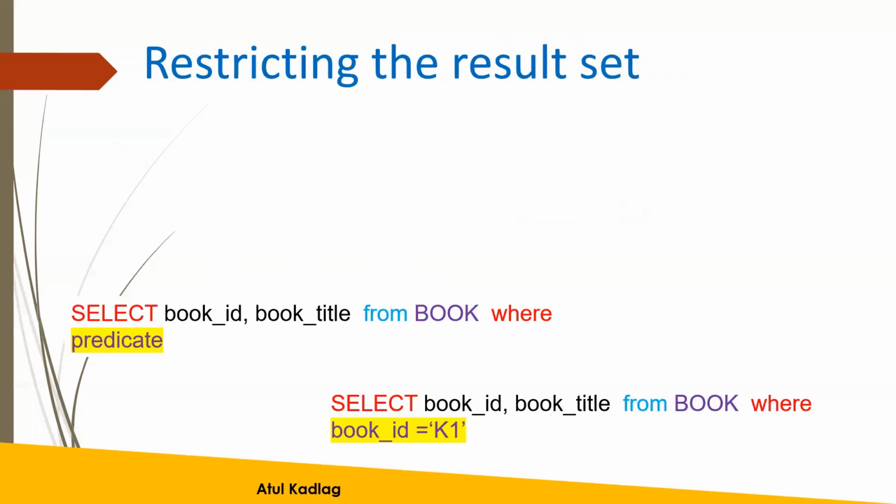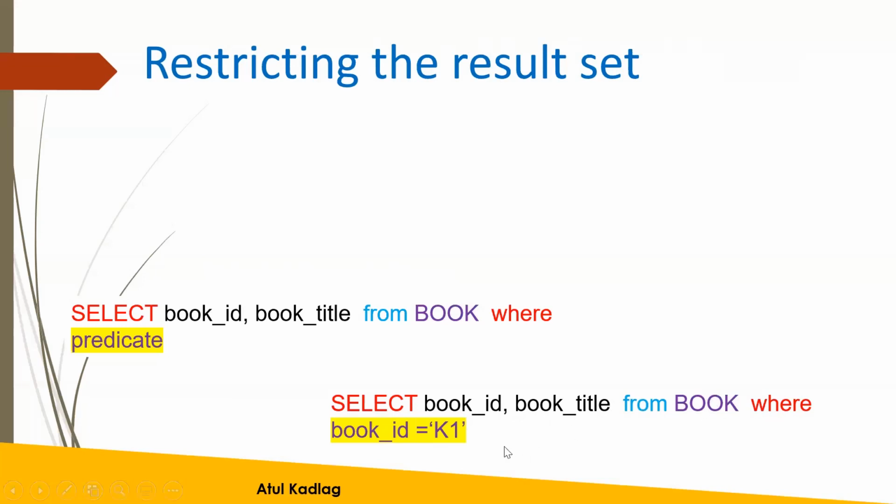And how can we restrict? Suppose there are some restrictions. When we just write select star from some table, it retrieves all the data, but suppose we just want to get some data for some specific condition or some specific values only. We can do that with the select predicate statement: select book id, comma, book title, these are the 2 columns, from the book table, and where.